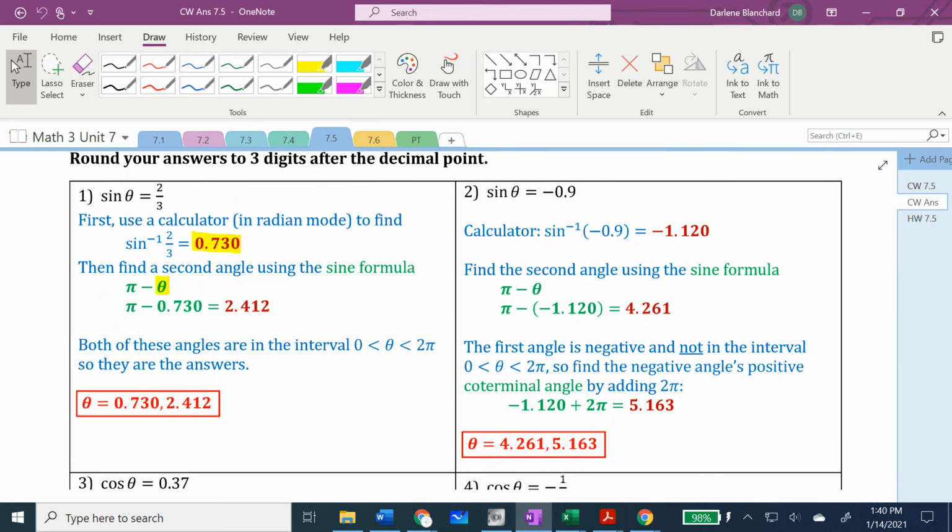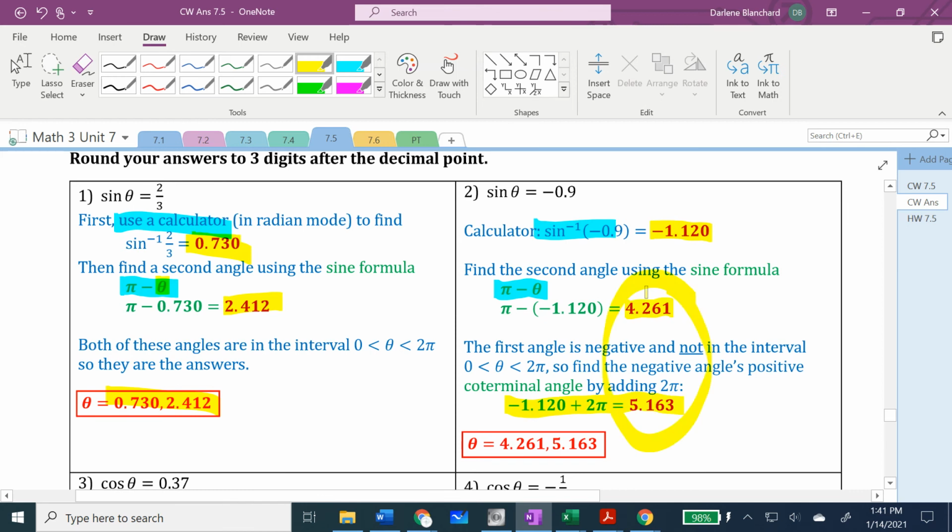So it's always start with the calculator, then use the formula for sine. If both of your answers are positive numbers, you're done. If the first number that you got was a negative number, you need to take it and add 2 pi, and then you have your two positive numbers, and you are done.